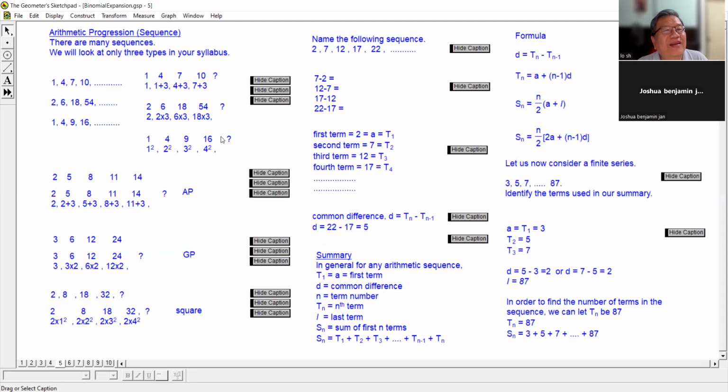This cannot move on. My picture is blocking. Can move a little.